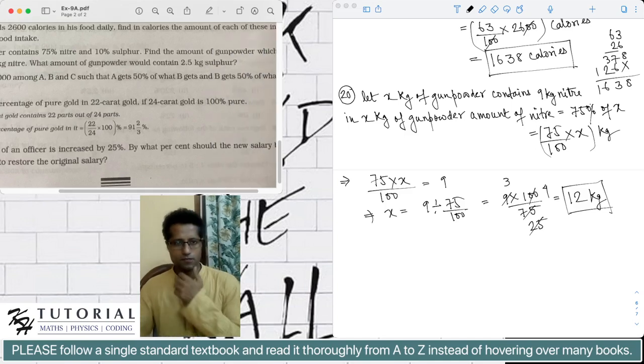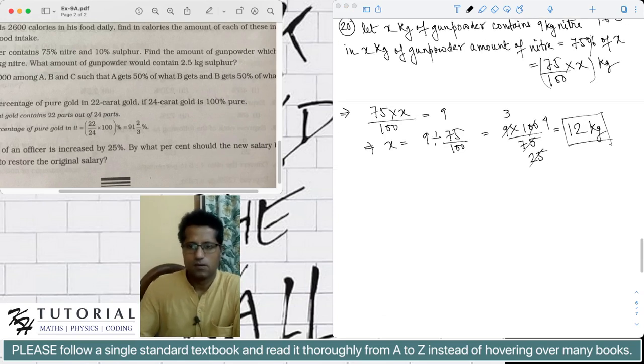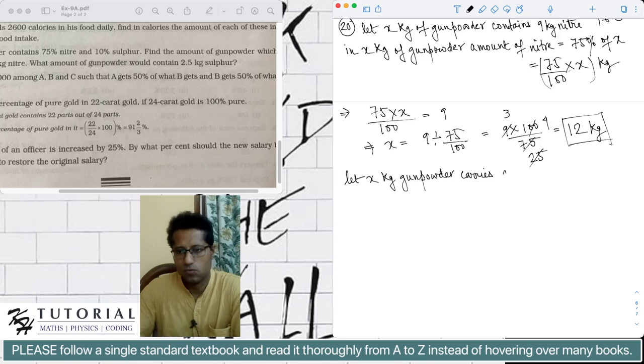The second part is what amount of gunpowder would contain 2.5 kg sulfur. So again we have to do it the similar way. Let x kg gunpowder carry 2.5 kg sulfur.